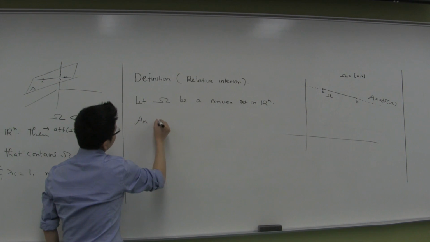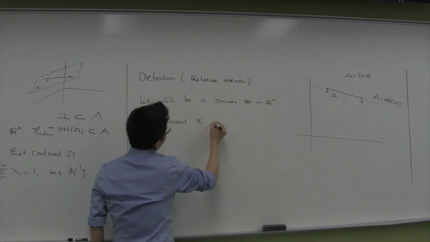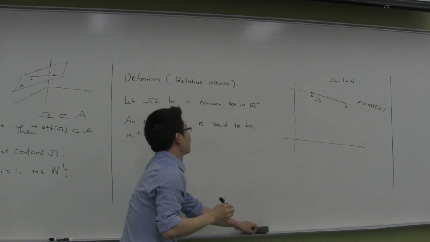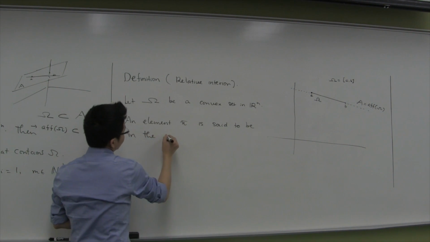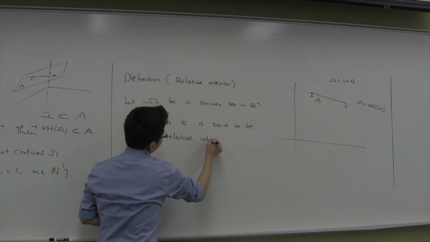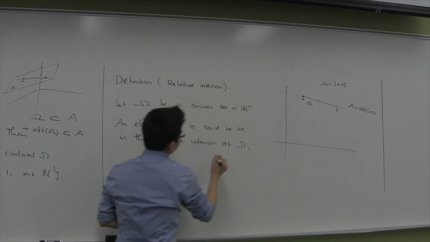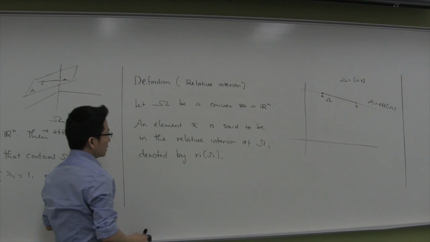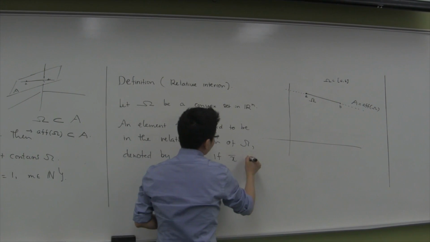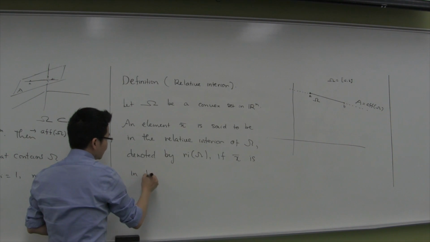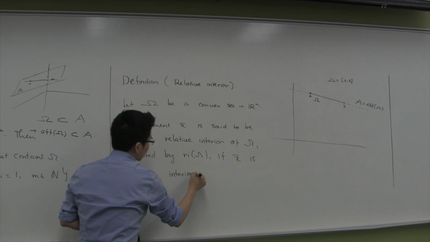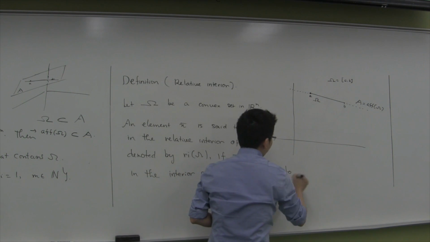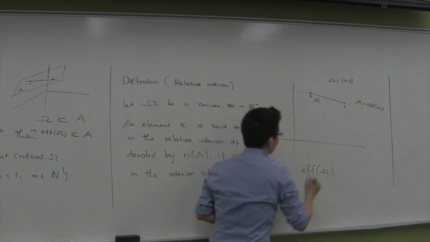An element x bar is said to be in the relative interior of omega, denoted by ri of omega, if x bar is in the interior of omega relatively to the affine set generated by omega.